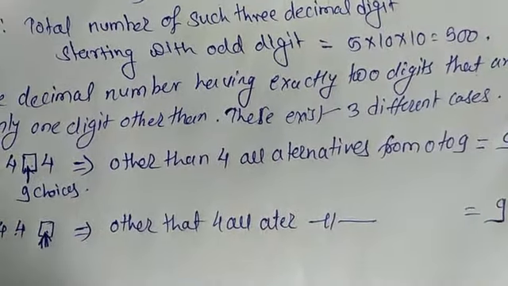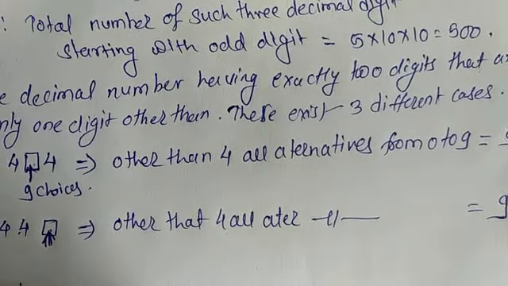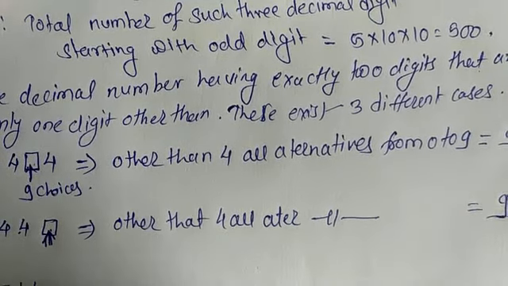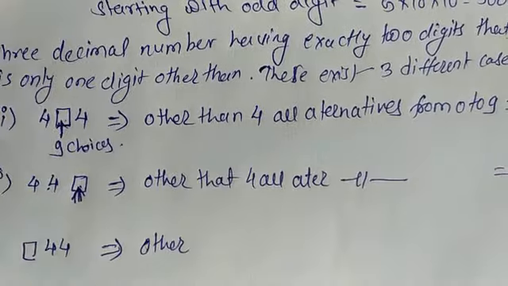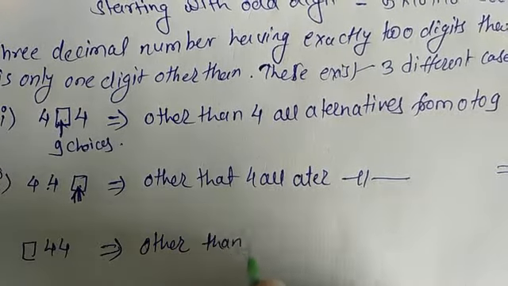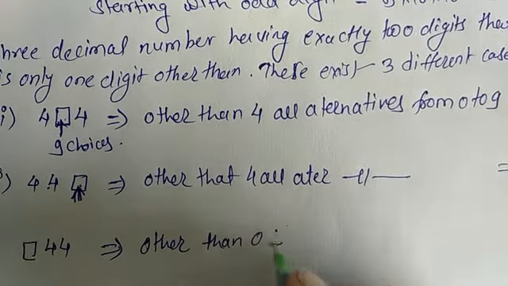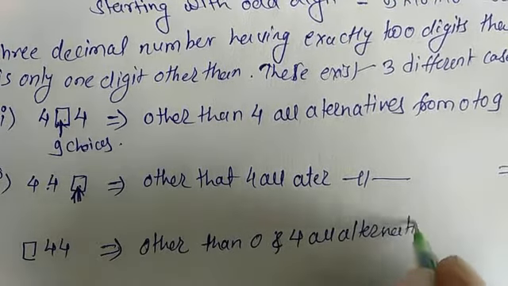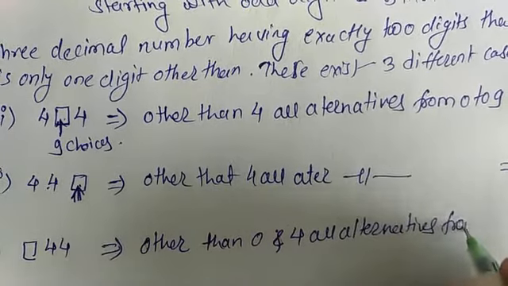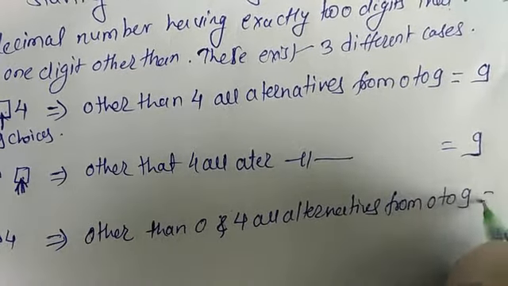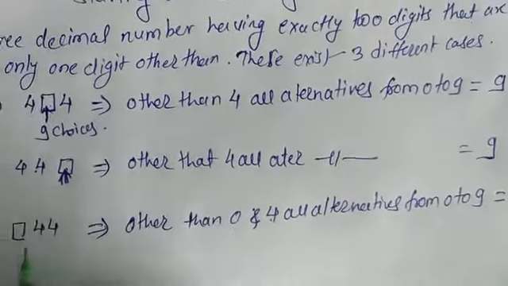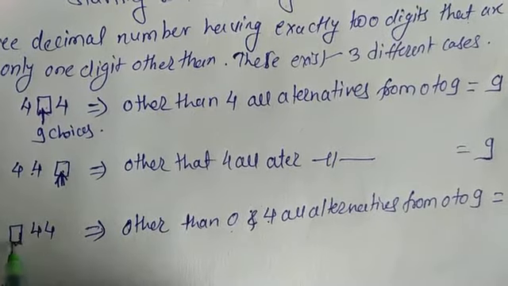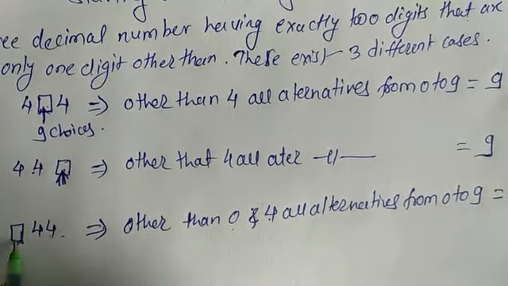And the third possibility is a dash, 4, 4, which implies that other than 0 and 4, all alternatives from 0 to 9. That means we can't use 0 and 4 at that place, because if you use 0, it will be a 2 digit number. So we can't use 0 at that place.